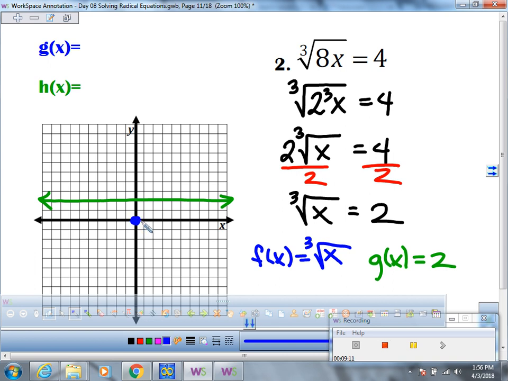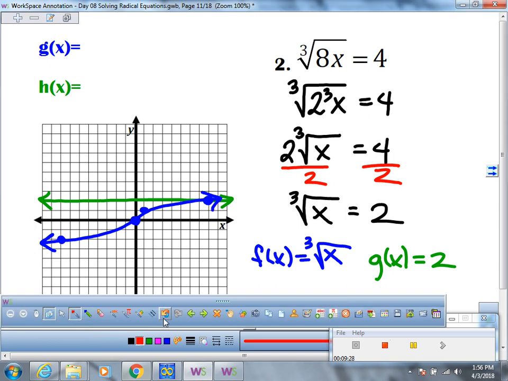So my magic numbers are (1, 1), (8, 2), and (-8, -2). So my solution is x equals 8.